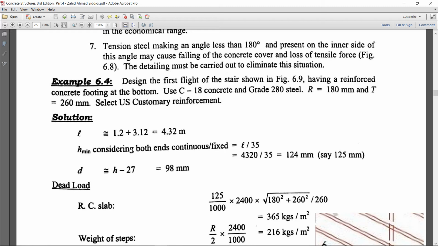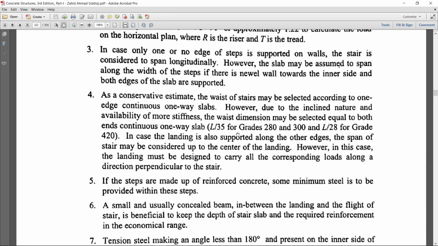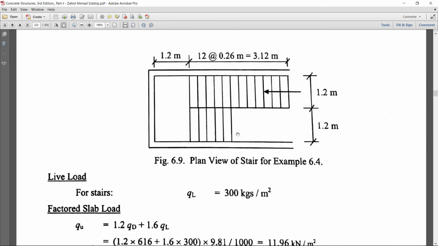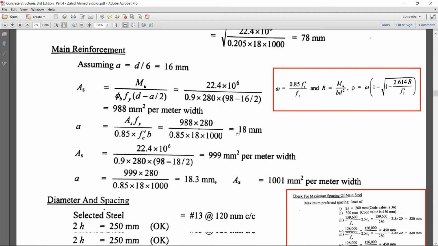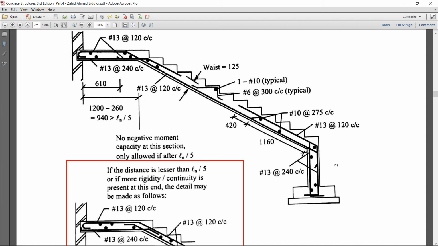So H minimum considering both ends continuous. Okay, here L by 35 for 280 grade. Okay, here in the slab, both ends continuous, how? Let's see, here is the detailing. Here is a concrete footing pad. So at this end the reinforcement is continuous from the footing to the slab.